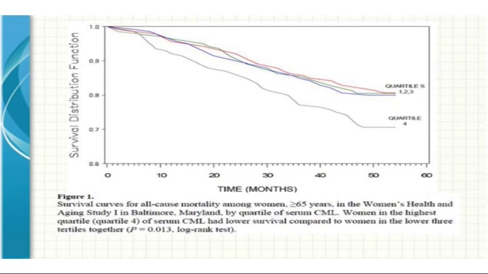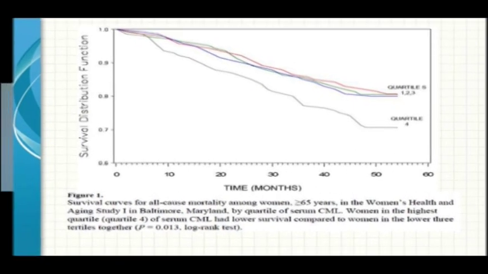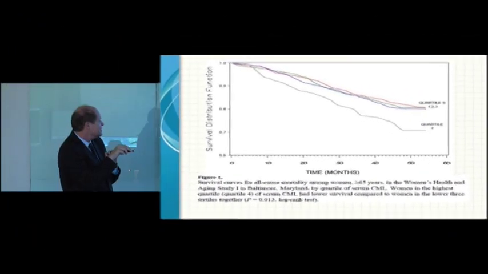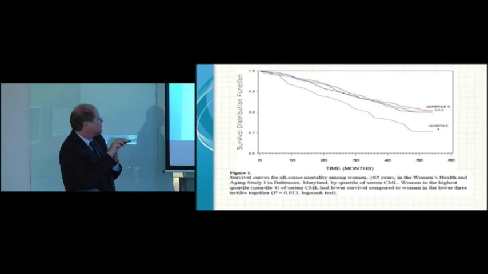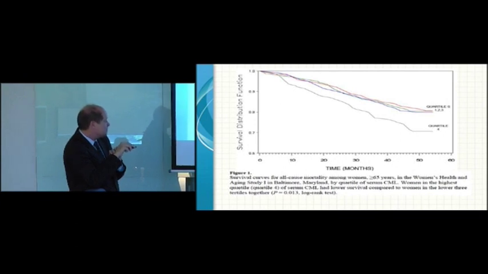Here you see the survival curves for all-cause mortality among women above 65 years, where they measured the amount of CML in the serum of these patients. And women in the highest quartile, depicted here, had a significant lower survival than women with less CML in the blood. And this was quite a significant finding. So you see about 30% of women don't live for about 5 years.